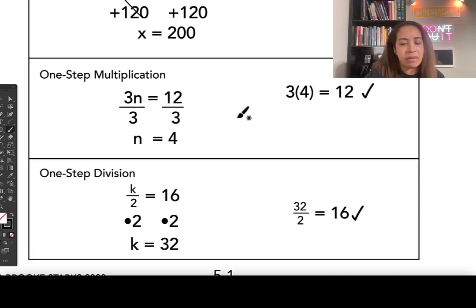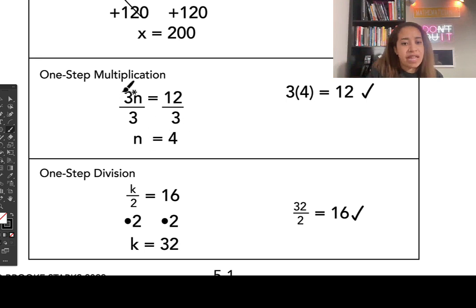Here's an example of a problem where we see multiplication. We see a number right next to a letter. So that is telling me multiplication. I need to do the opposite operation to both sides. Instead of multiplying times 3 to cancel it out and get the variable by itself, I need to do the opposite of multiplication. The opposite of multiplication is division, so I should divide both sides by 3.